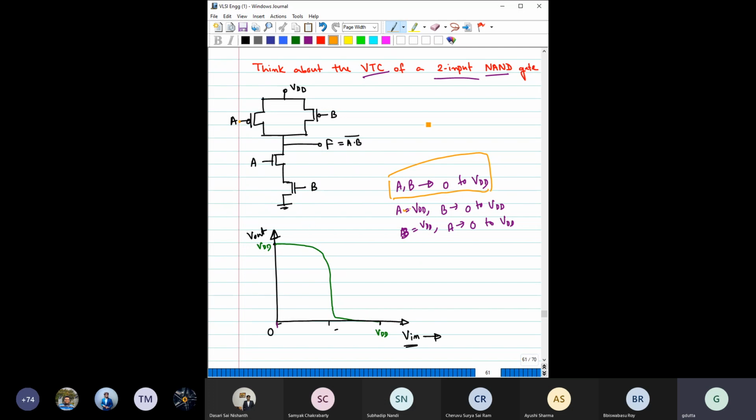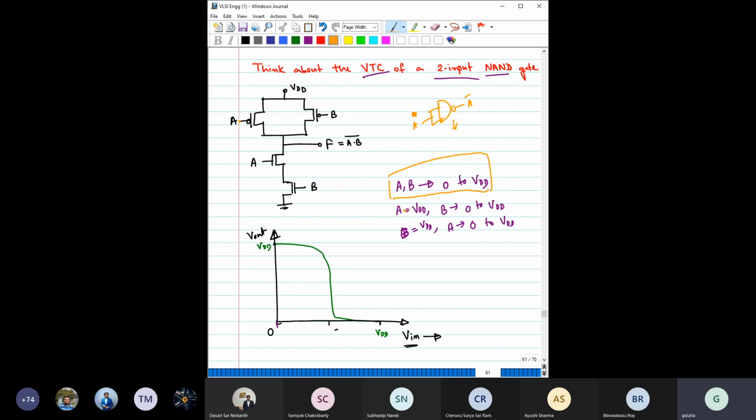Okay, this is a NAND gate, with two inputs shorted. So this becomes what gate? Not yet. NOT gate. So it should not surprise you that this VTC would be similar to that of the NOT gate only, right?